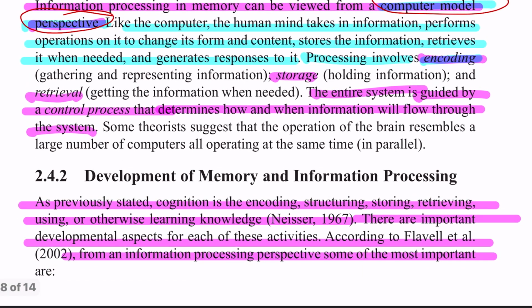Then development of memory and information processing. So previously stated, cognition is encoding, structuring, storing, retrieving.